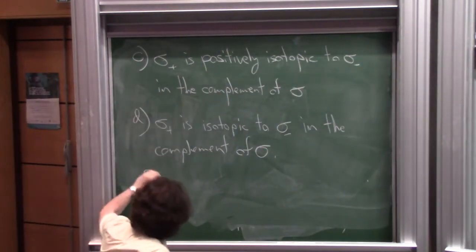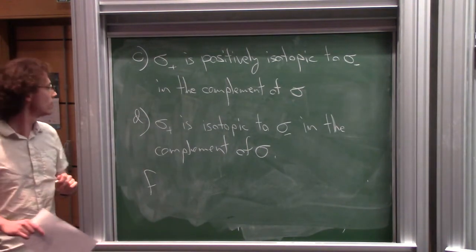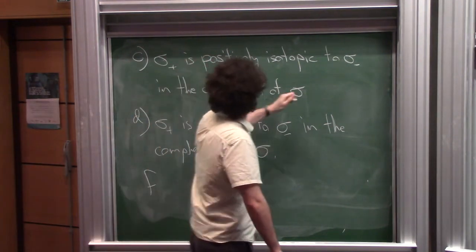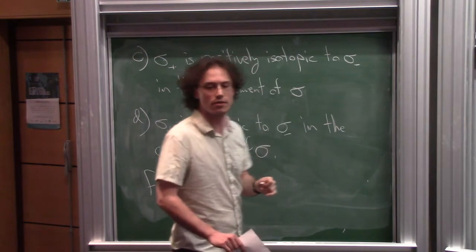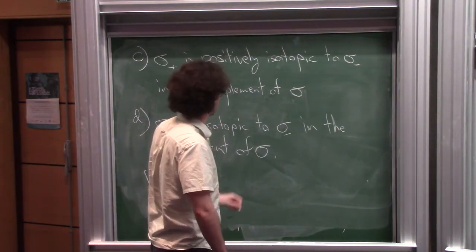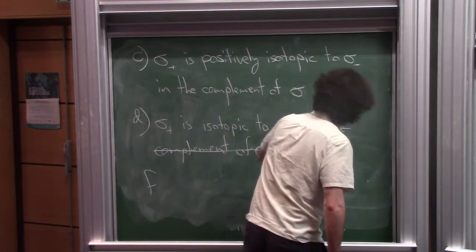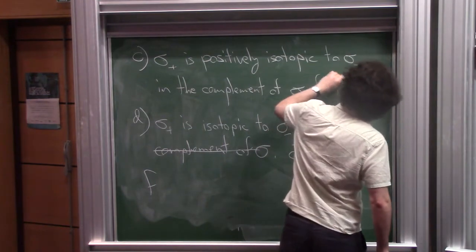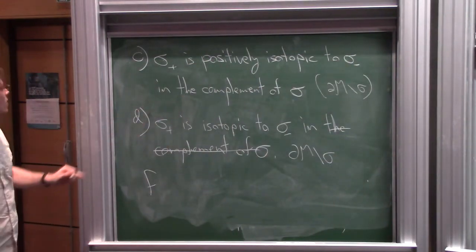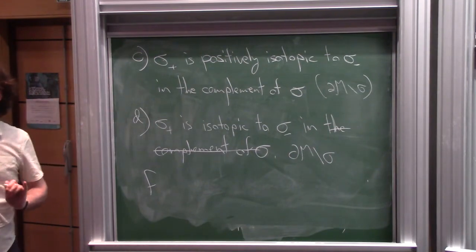It should be obvious that A implies B, in the complement of sigma in dM. It should be obvious that A implies B and that C implies D, and it's not difficult to see that B implies C, but I'll prove that to you in a minute.